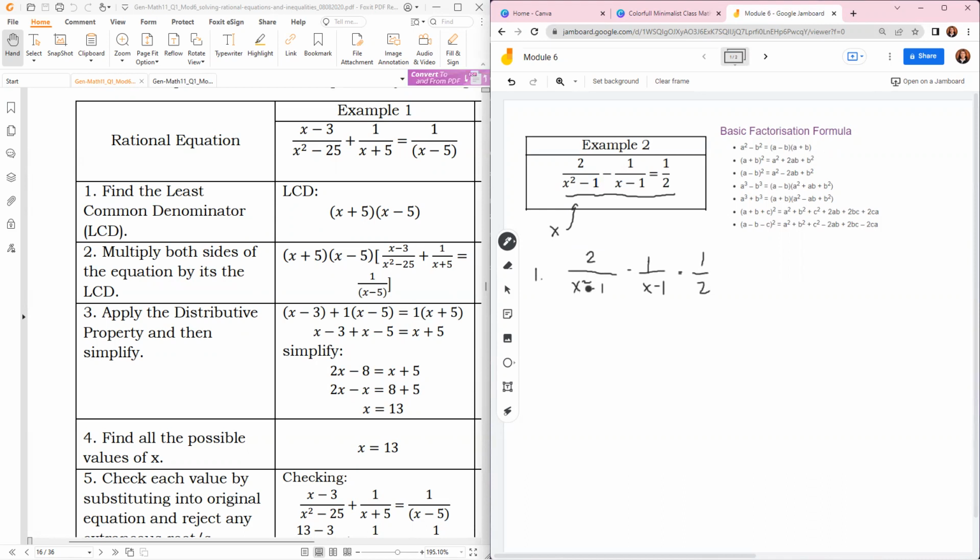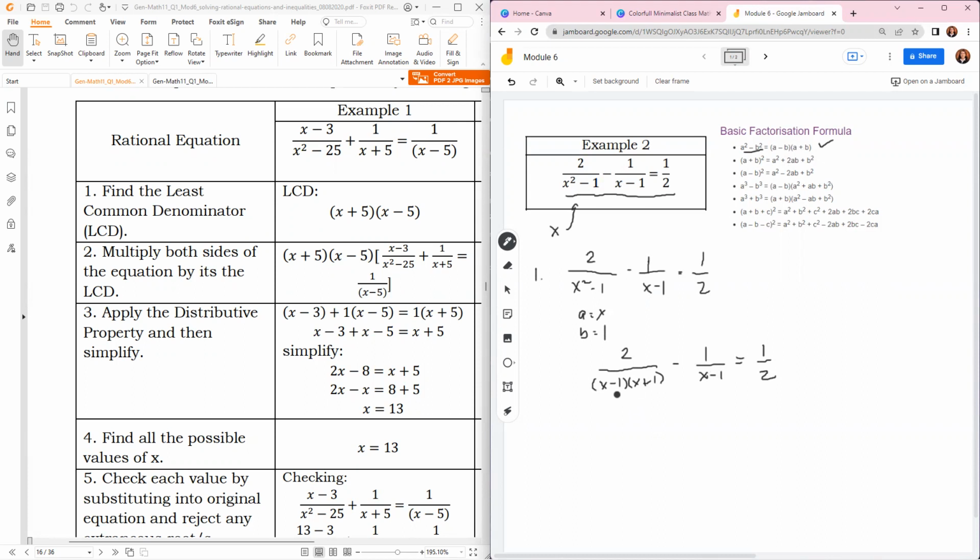Remember that x squared minus 1 follows this formula, a squared minus b squared, wherein a would be x and b would be 1. So let's factor it: 2 over (x minus 1)(x plus 1), minus 1 over x minus 1, equals 1 over 2.